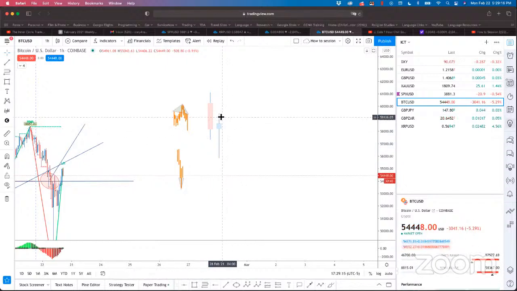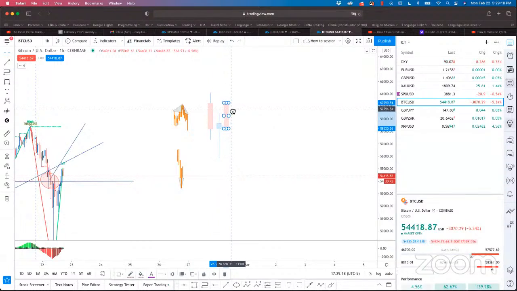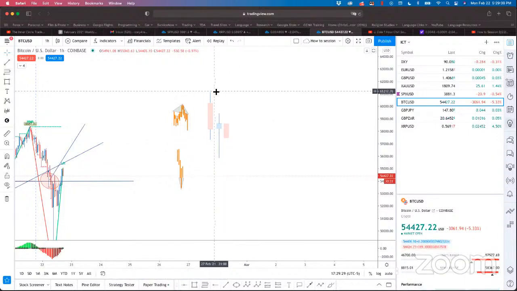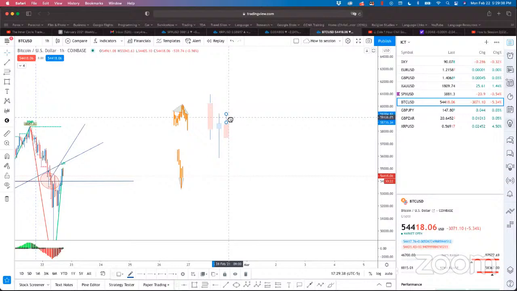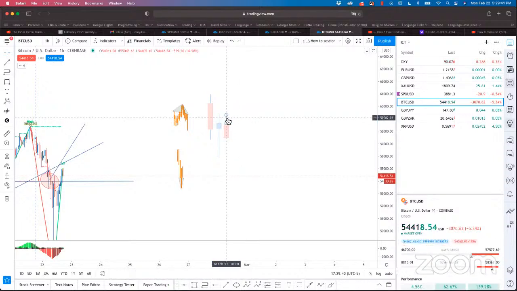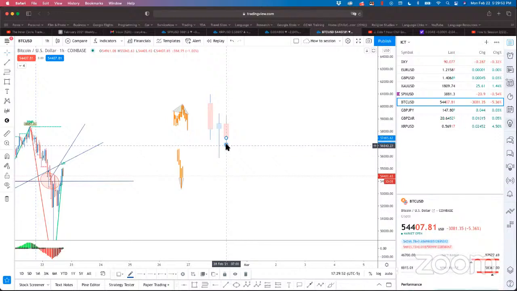And then you had him here. And then it's right here. And then another wick. Okay. And then you had a shorter wick.